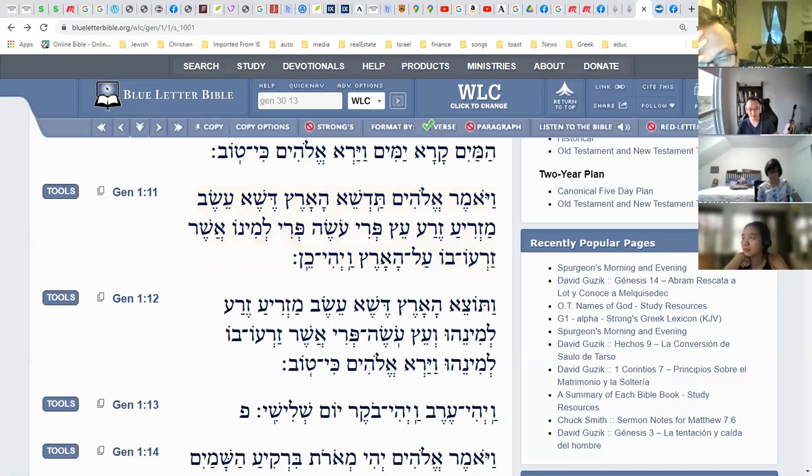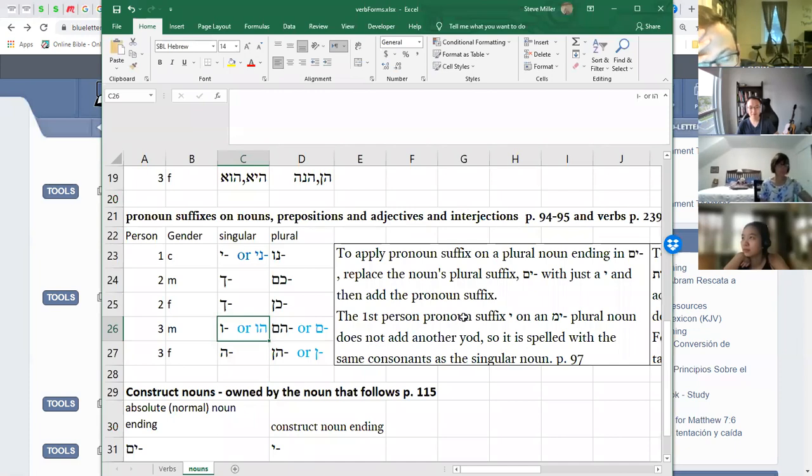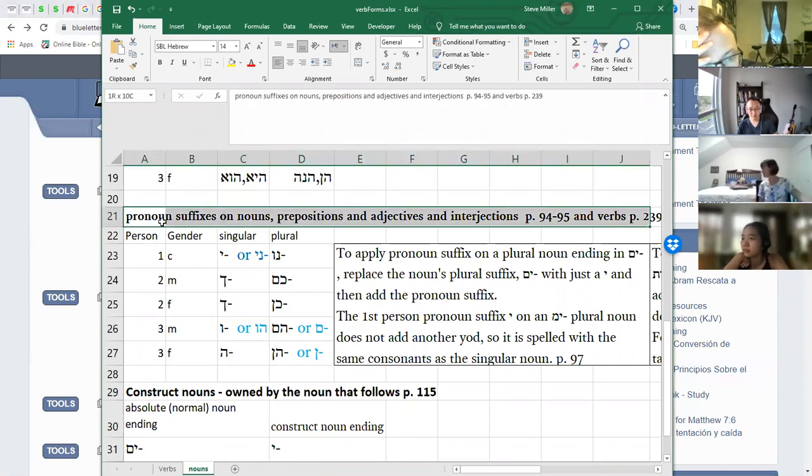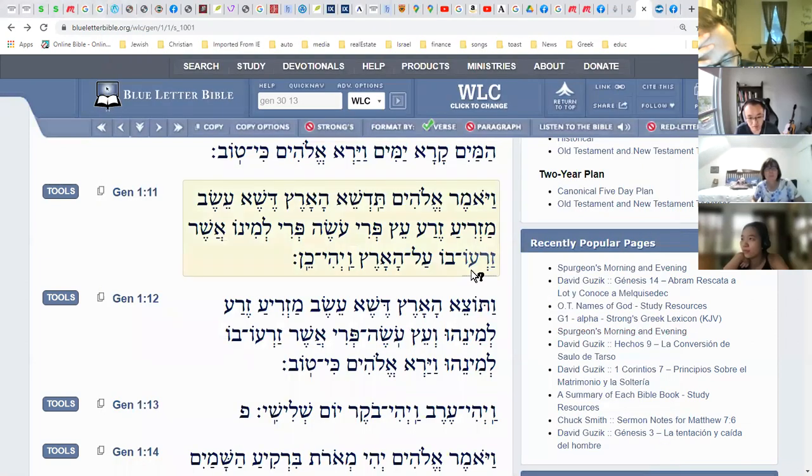Since it's a noun, we're going to look at the noun page. Actually, this pronoun suffix applies to verbs too. Which one is it? Third person masculine singular. Right. So what does that mean when you have a third person masculine singular suffix on a noun?